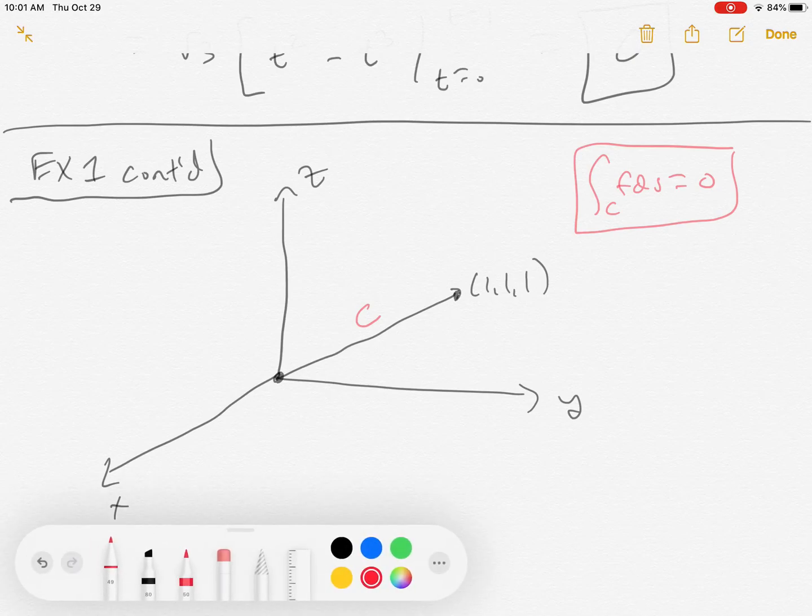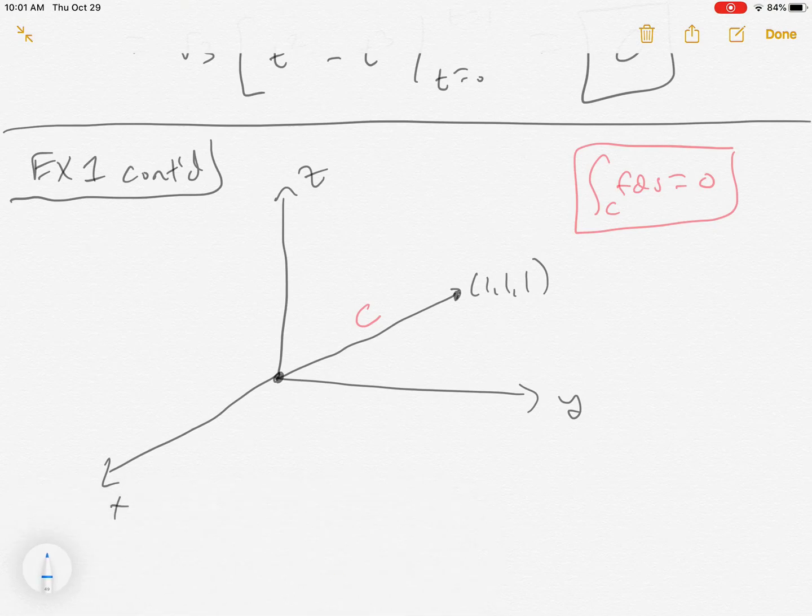What if instead I took the route where I went from here to the point 1, 1, 0, and then went straight up here. Call it C1 and C2. So now C is going to be the union of these two, so I take a different path.